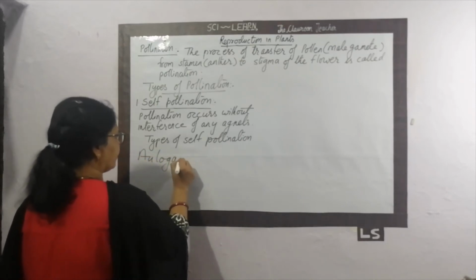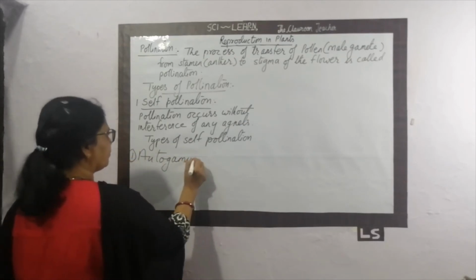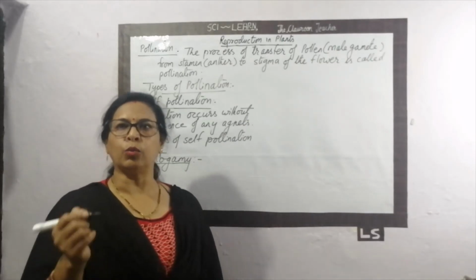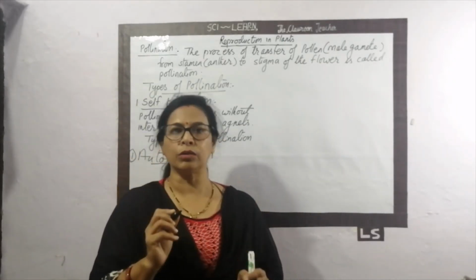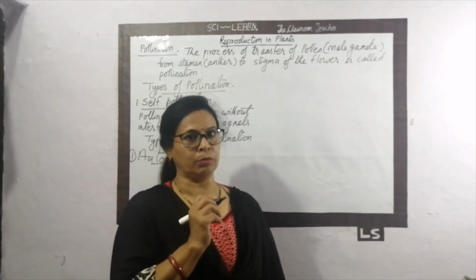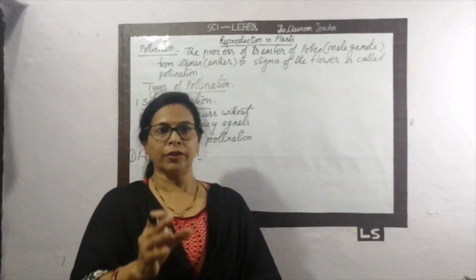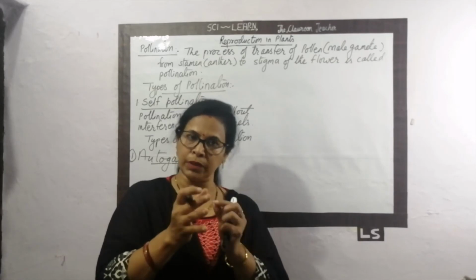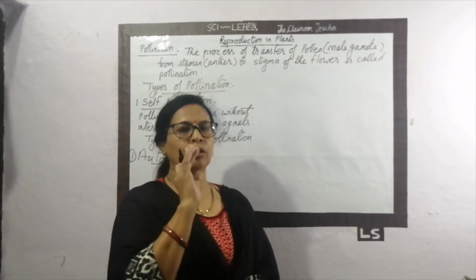Auto means self. If this process occurs by itself, then it is called AUTOGAMY. So what is AUTOGAMY? What is the peculiar characteristic present in AUTOGAMY? AUTOGAMY is achieved in the same flower. That is important. Both the male and female organs are present in the same flower, and if pollination occurs in the same flower, then that type of pollination is called AUTOGAMY.